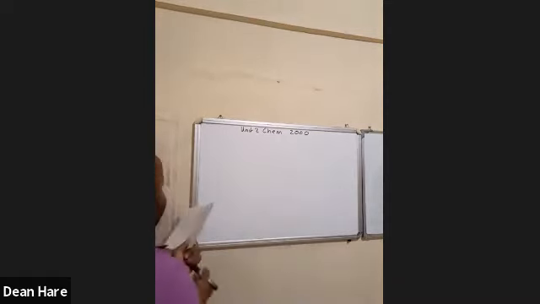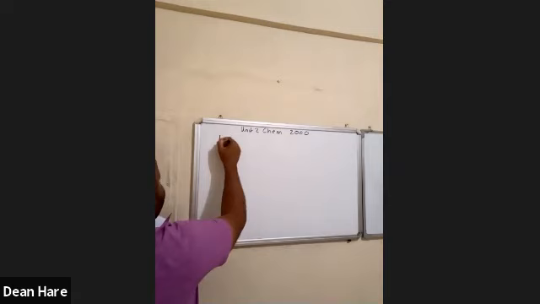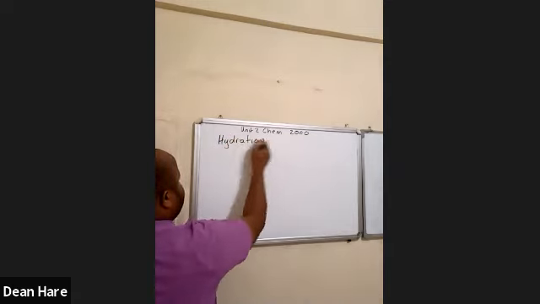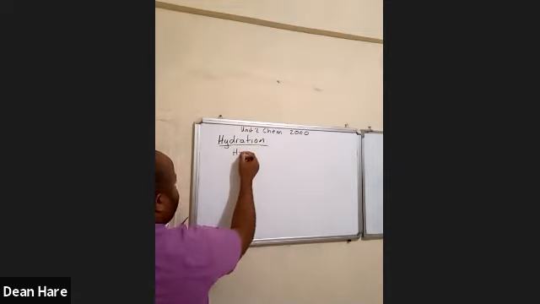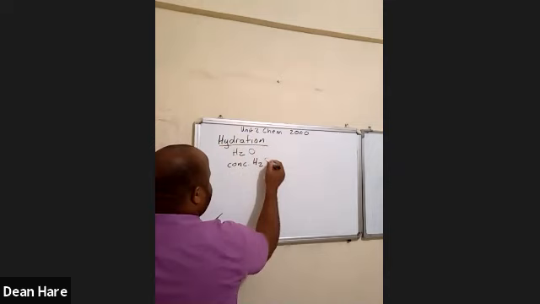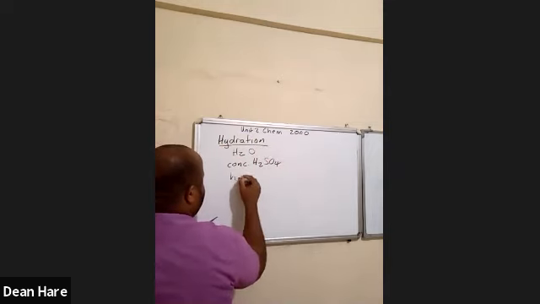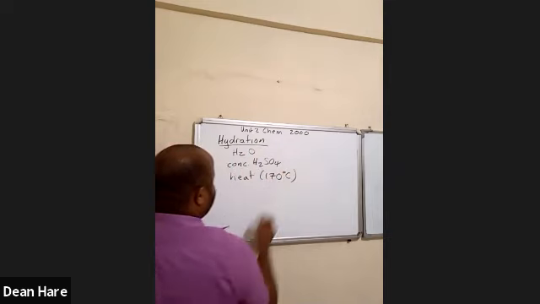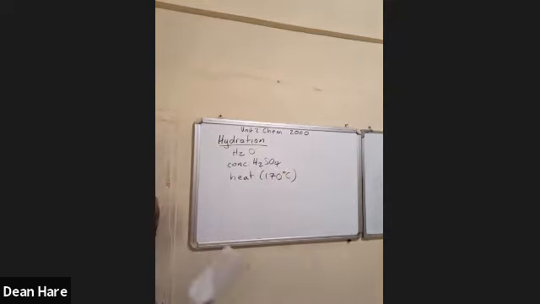So for the hydration of alkenes, we know we use water, concentrated sulfuric acid, and heat, 170 degrees Celsius. So concentrated sulfuric acid, water, and heat.